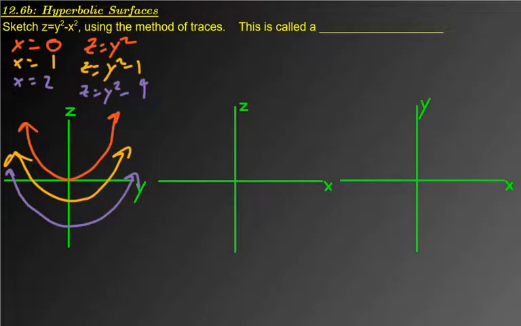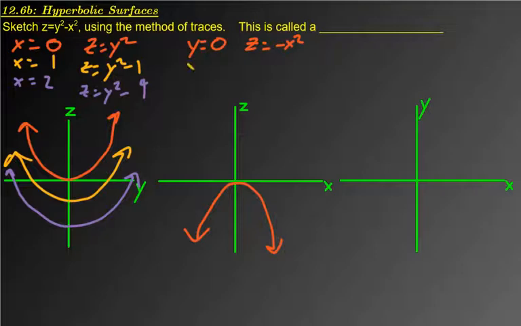And if you do the xz plane, you want to let y be the constant. So let's do y equals 0. In this case, z equals negative x squared, so you get that upside down parabola.